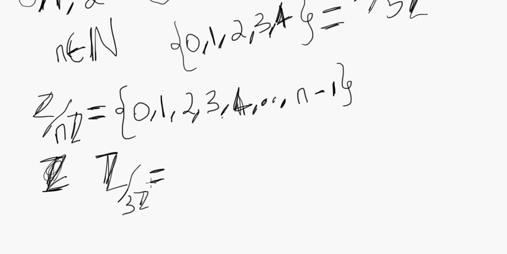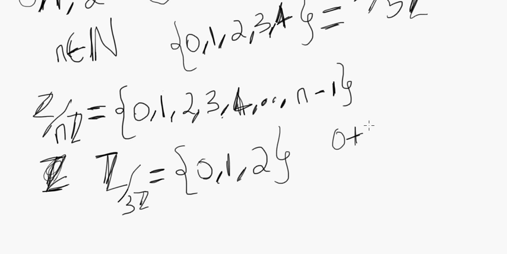Well, what are the elements of Z mod 3Z? We have 0, we have 1, and we have 2. That's Z mod 3Z. We could talk of addition of elements here. For example, 0 plus 1 will just give me 1. So the addition really works the same way, the only thing that happens is sometimes you go over.